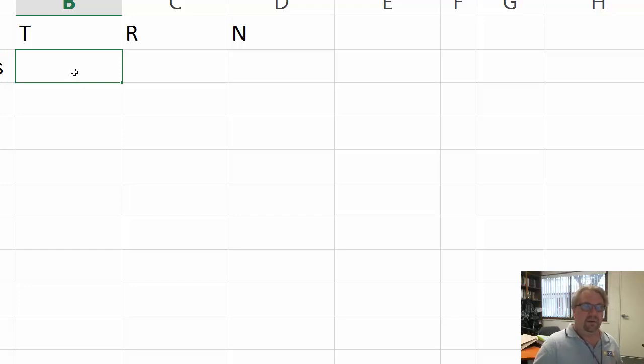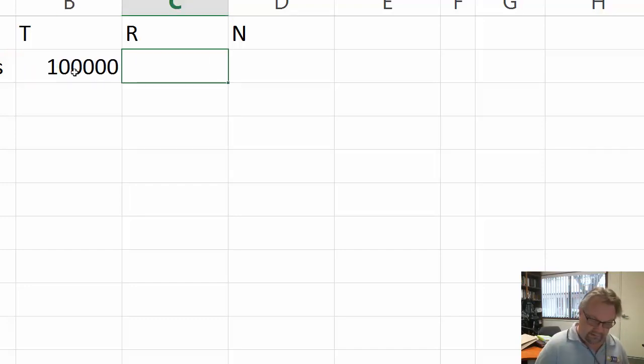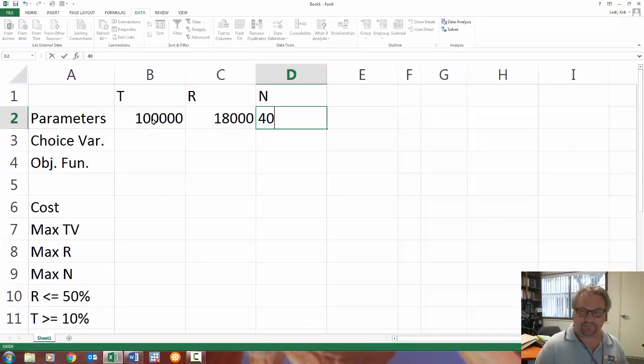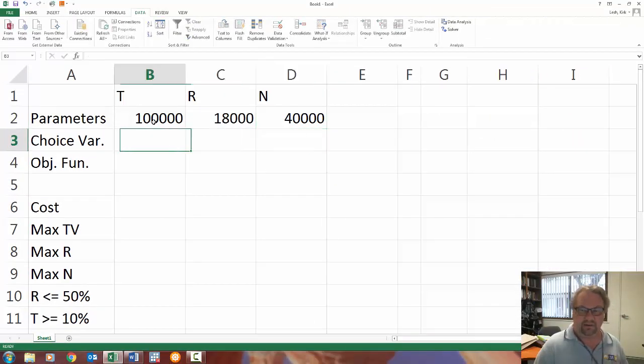From the table, each television ad reaches 100,000 people, radio reaches 18,000, and newspaper is 40,000.